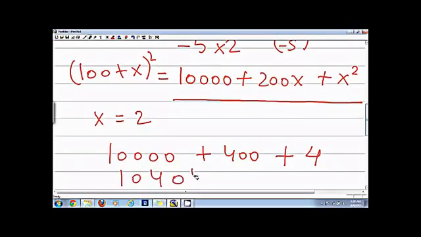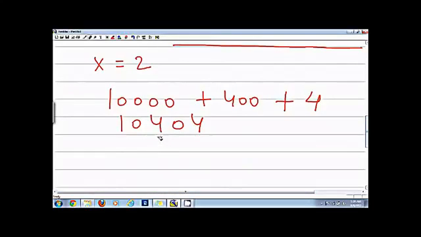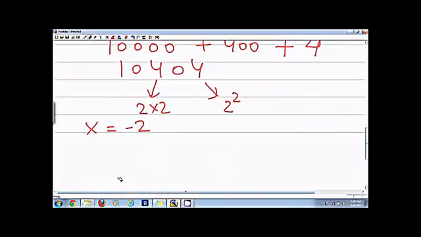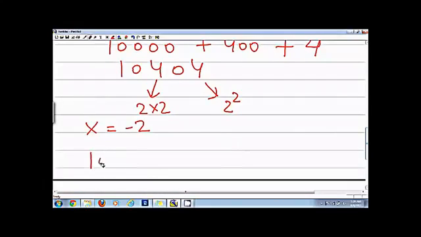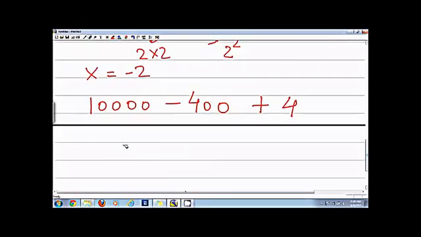So 4 is equal to 2 into 2, and this 4 is equal to 2 square. The same way I told you the trick. Similarly, if x is equal to minus 2, in this case it will be 10000 minus 400 plus 4. So that will be equal to 9 and 6 and then 0 and 4.